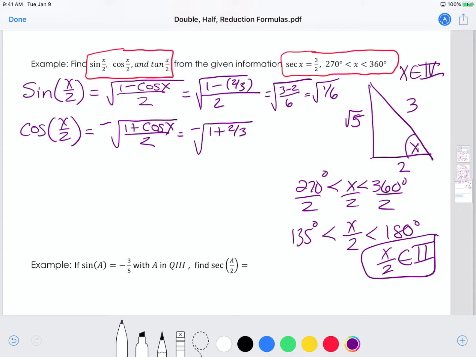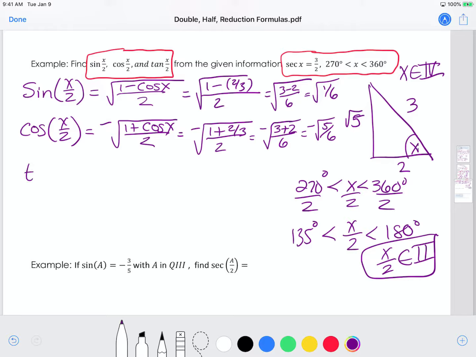We already found out that cosine of x is 2/3. I'm going to multiply through by 3 so I can clear the complex fraction. So I have 3 plus 2 over 6, which is going to give me negative square root of 5/6. So that is for cosine of x over 2.